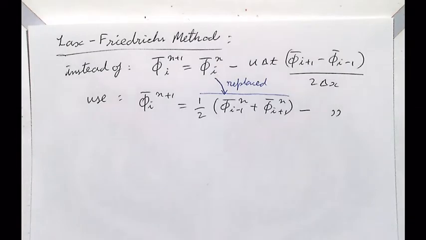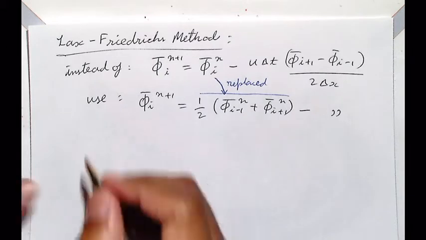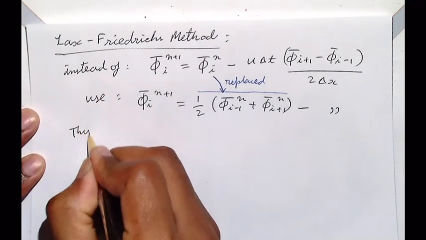So it turns out that this discretization is now stable. And why does that happen?